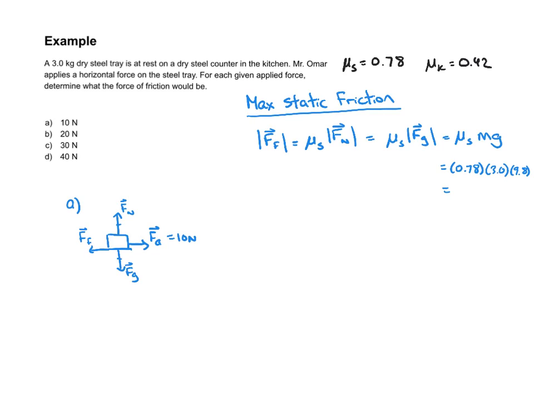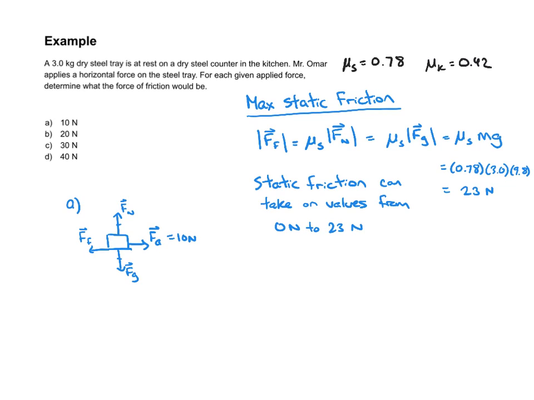And that gives me 23 newtons when I round it to two significant figures. So that's the maximum value that the static friction can take on. So I'll write a little sentence here. Static friction can take on values from 0 to 23 newtons.